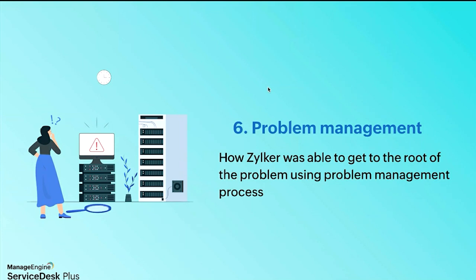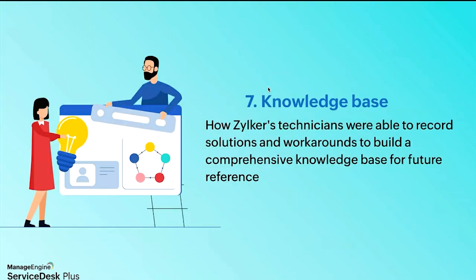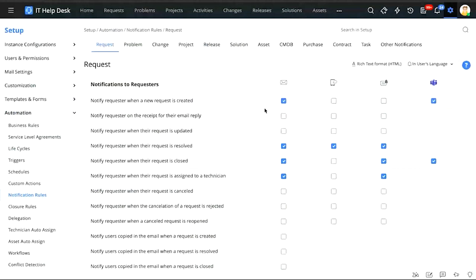We saw how exactly a problem can be introduced as soon as a ticket's resolution has been communicated to the end users, and how exactly the root cause could be identified as a part of the problem life cycle as well, right? And then we spoke about how exactly the solutions can be added to your resolution section as either a workaround or a permanent resolution, and we got to see how exactly the solutions can be populated in your service desk plus. So let me give you a quick recap over here.